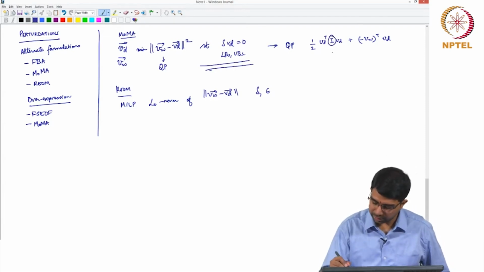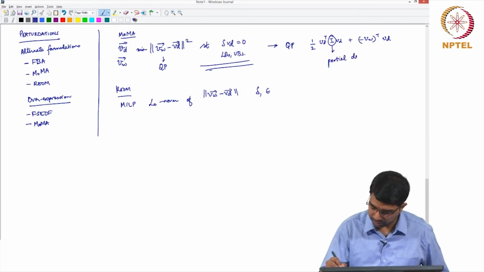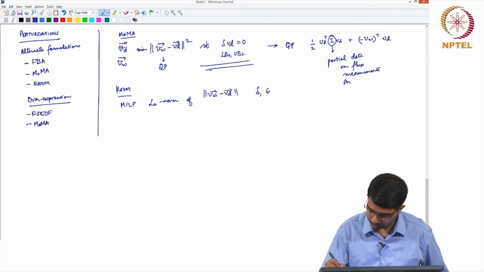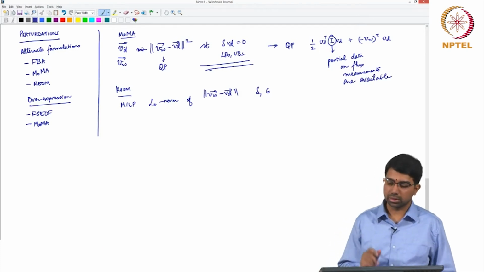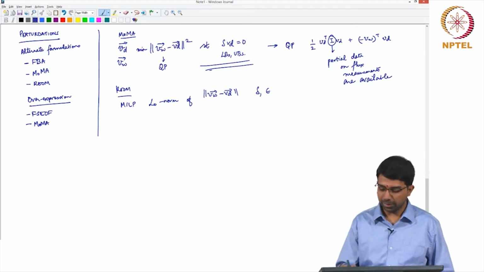We then said that this matrix will change if only partial data on flux measurements are available, right. This is something I want you to verify, but now let us just do a slightly different problem.